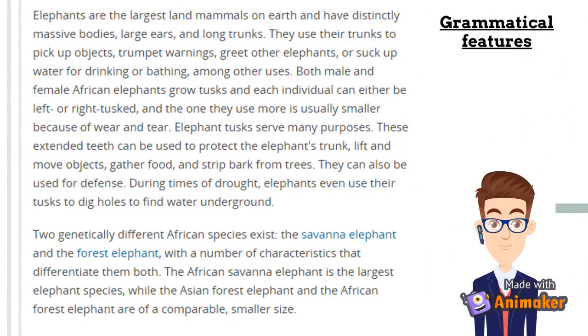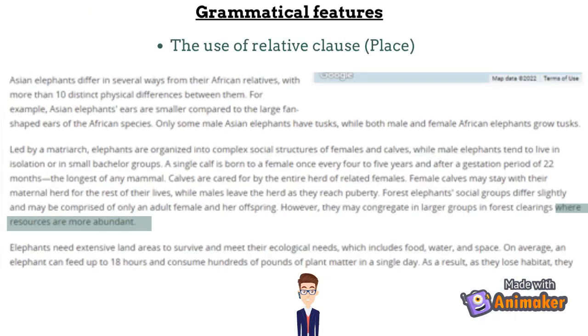In this text, there is the use of linking verbs for establishing relational processes, including universal truths, using linking verbs like is and are. Also, we have the use of adjectives like large, long, and extended, and the use of a relative clause to show place, using where.